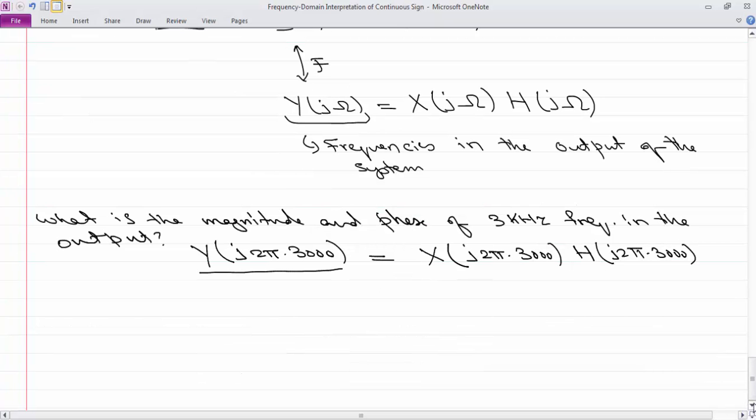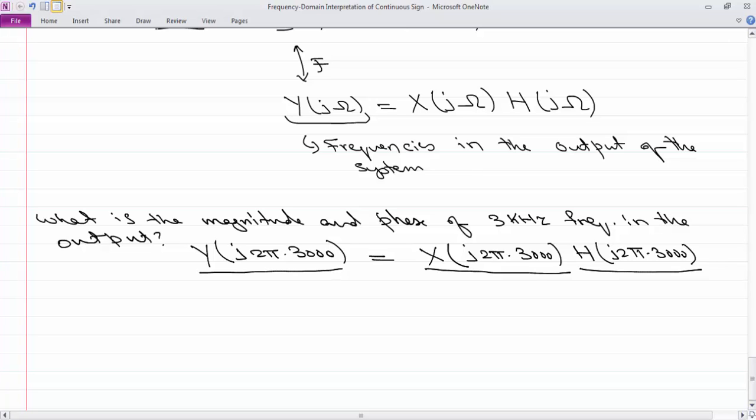So what is that saying? The output frequency at 3 kilohertz is equal to whatever frequency was present in the input signal at 3 kilohertz times whatever is the frequency of the impulse response at 3 kilohertz.